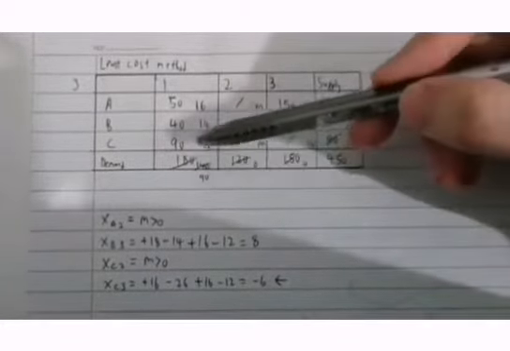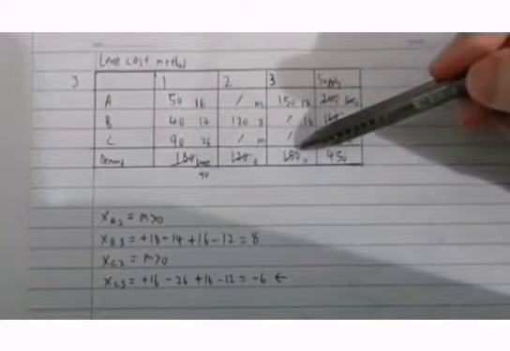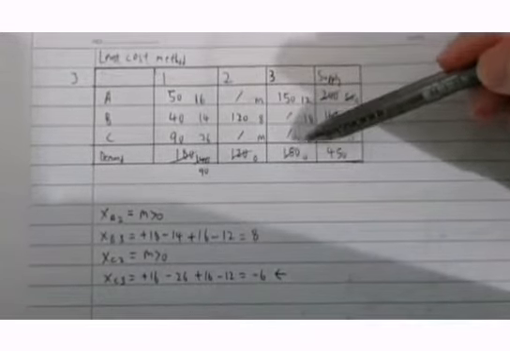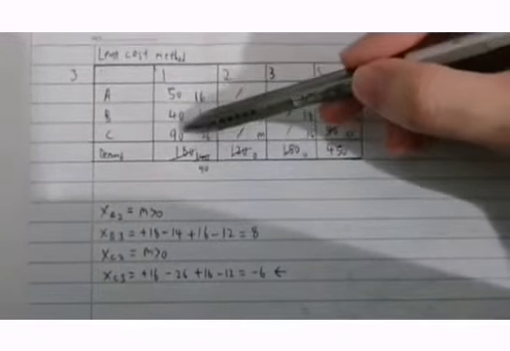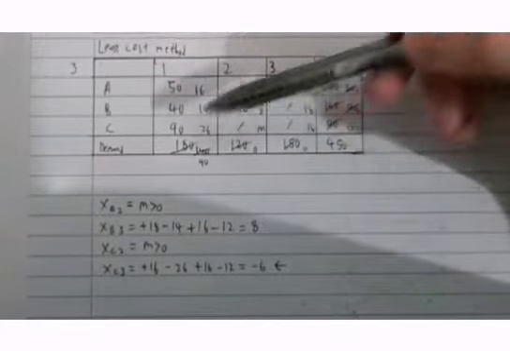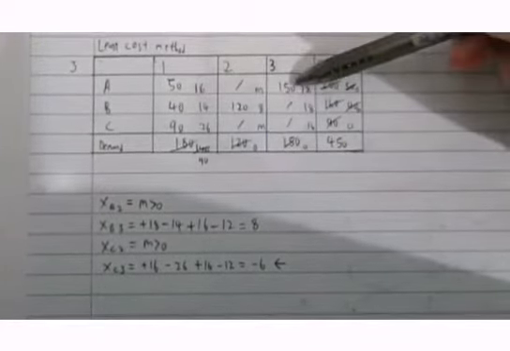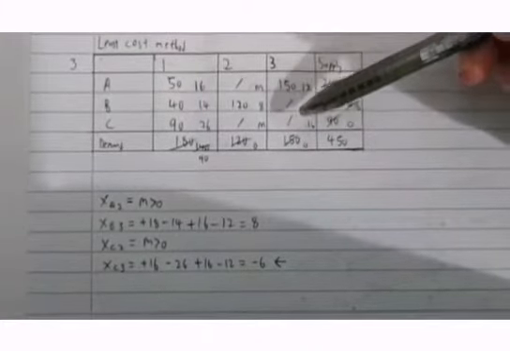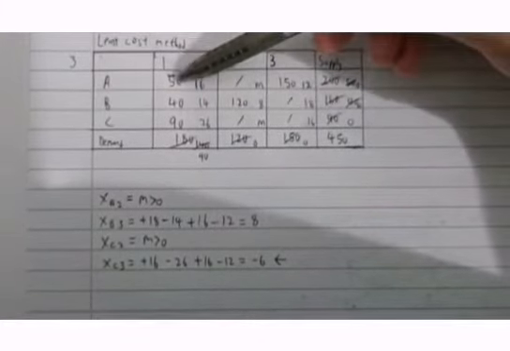until all are positive. So we need to make a new table, and we find xc3 is negative 6, and from 90 and 150 we find which one is the least, and 90 is the least one. So here we minus 90, and here also minus 90, and add 90 here, and also here.